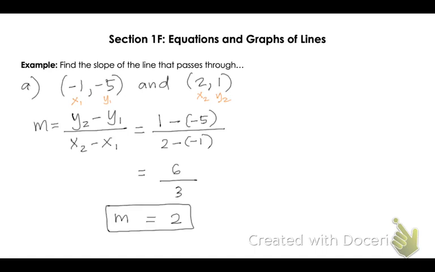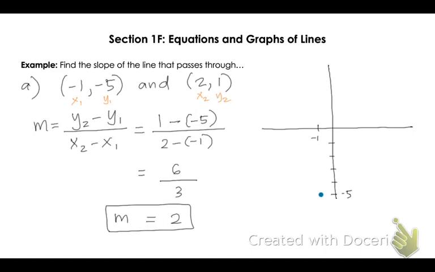So let's plot these 2 points, -1, -5, and 2, 1, over here on the right. Did I mention this stylus is super easy to use? Just kidding. It's sort of awful. Okay, so -1, -5. I'm going to plot a point down there.